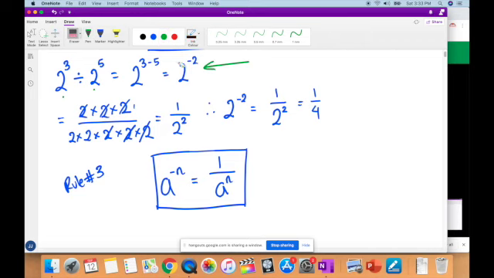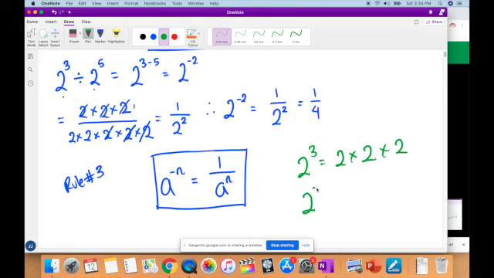My question here was, if I have 2 cubed, that is 2 by itself 3 times. So what happens when I have 2 to a negative number? Is that 2 multiplied by itself negative 2 times? So what does a negative indice actually mean?